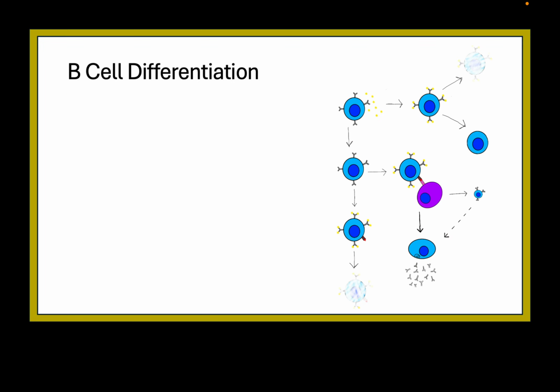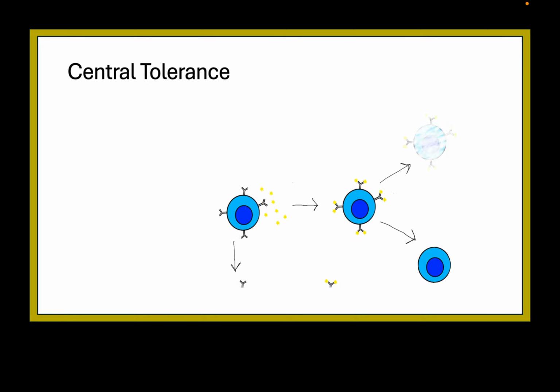So B cells differentiate. They are going to really be born and do most of their function in the bone marrow. So what we're going to talk about here is first related to the bone marrow. Central tolerance is one of the first things that the B cells will go through.